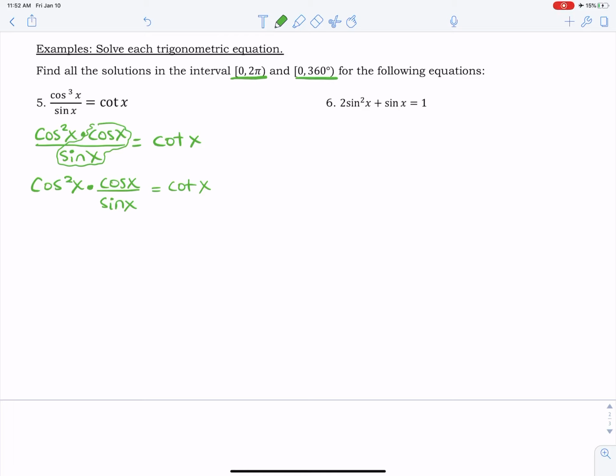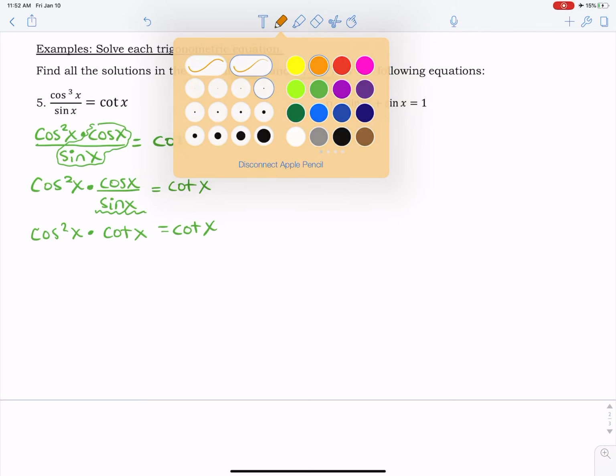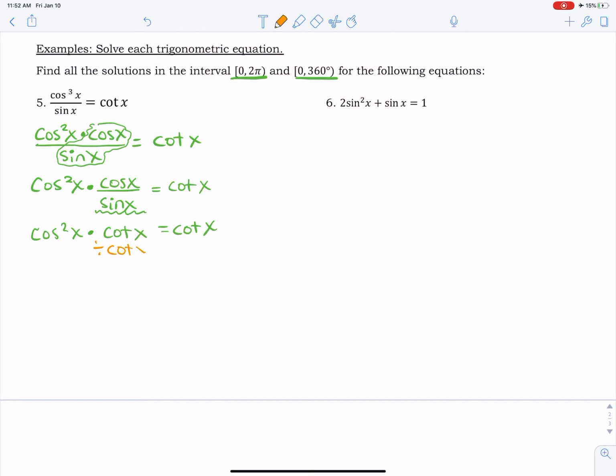Well, this part right here is cosine squared x times, oh, that's an identity, cotangent x, which equals cotangent x. And now I solve for cosecant squared x because, oh, I see that cotangent over there. So I'm going to divide by cotangent x on both sides.